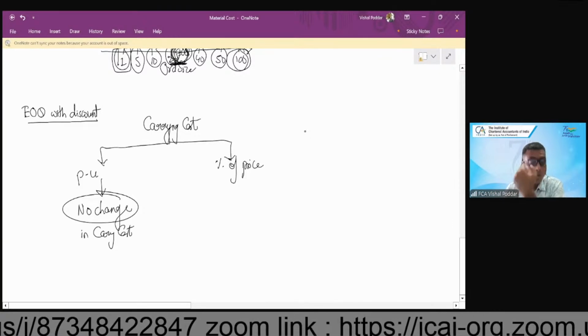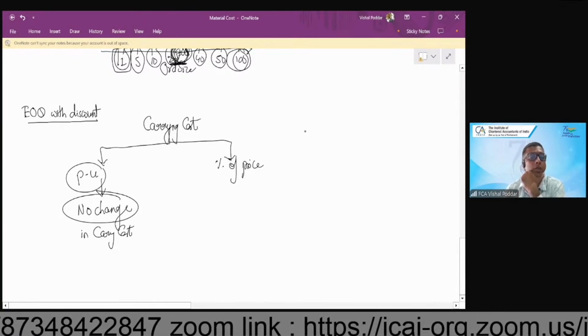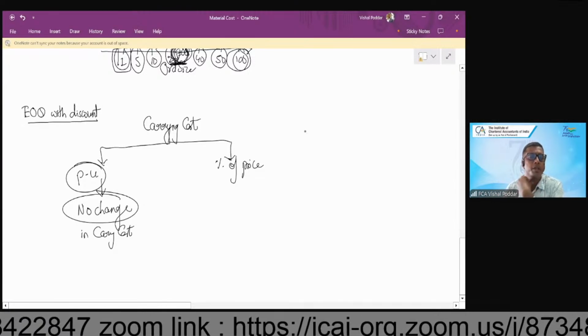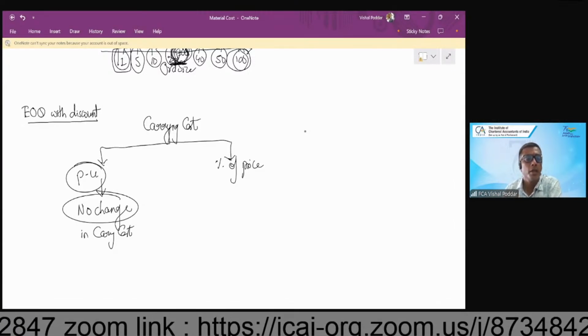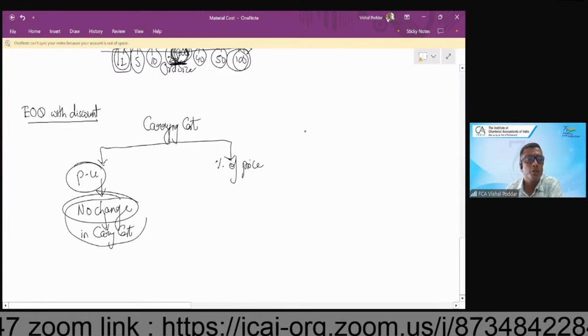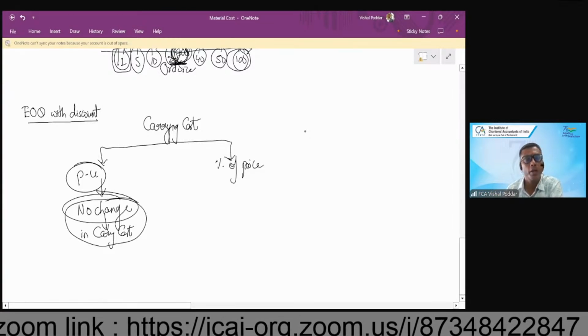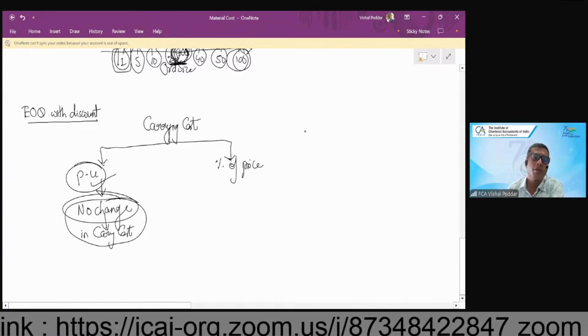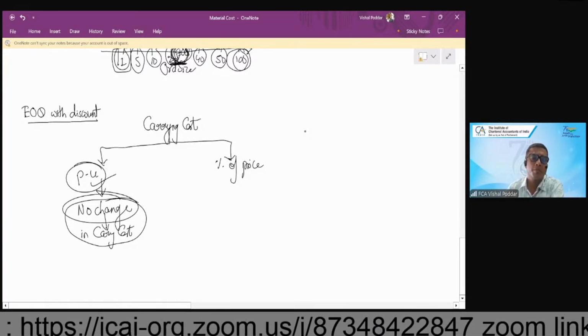There is a discount in the price, but the carrying cost is given per unit. When it is given per unit, it has no linkage with your purchase price. Then the carrying cost will not change. So the original carrying cost will continue even for the reduced price, because it has no connection with price.